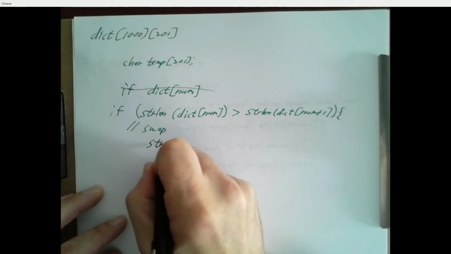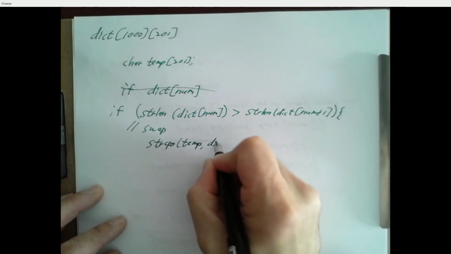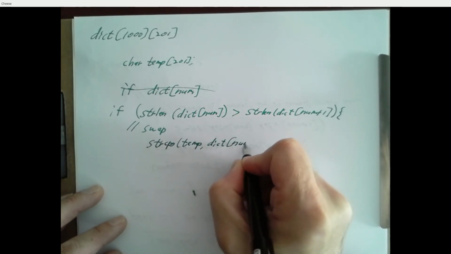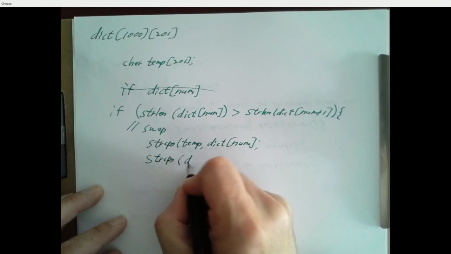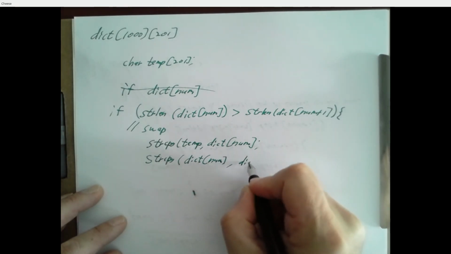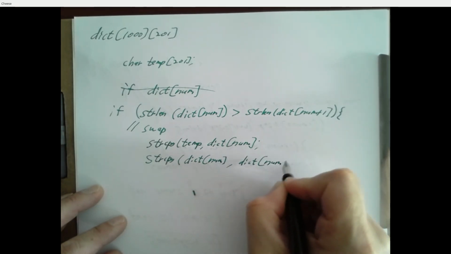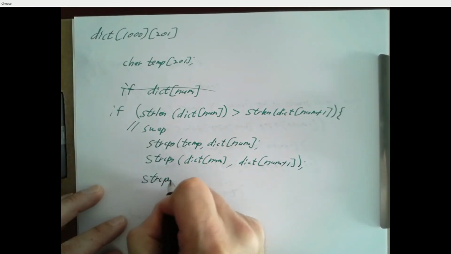So string copy into temp from, say, dictionary num, and then copy dictionary num from num plus 1. And then use your temp.